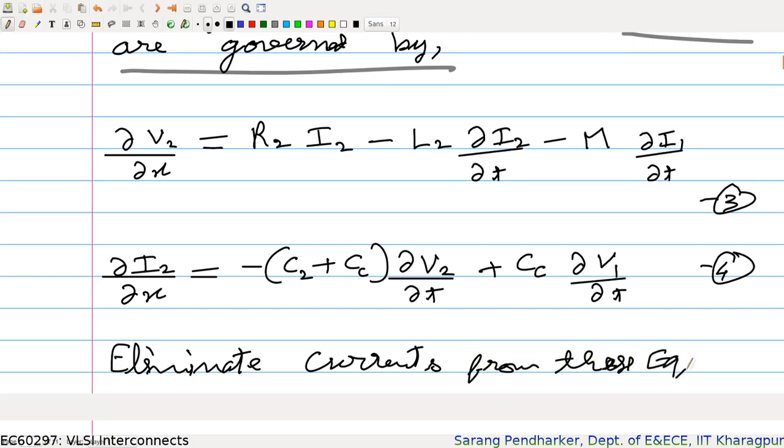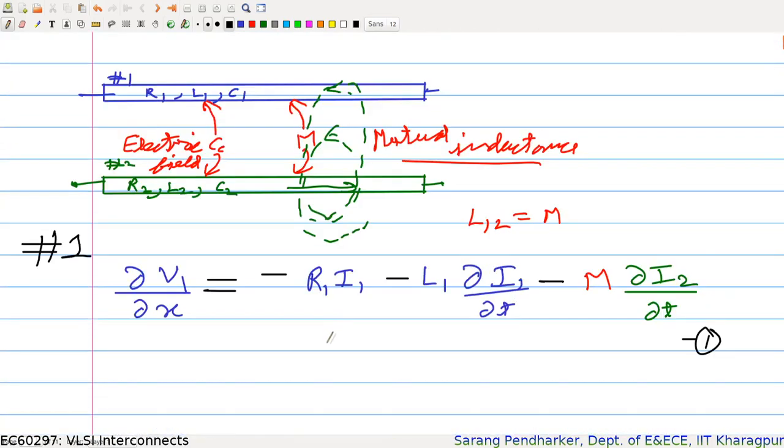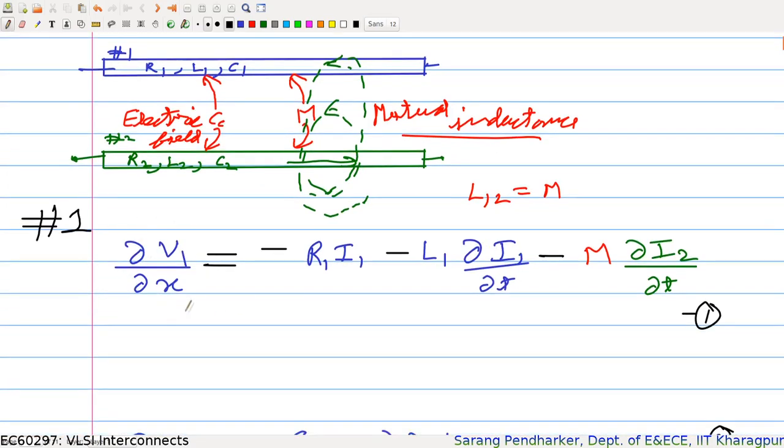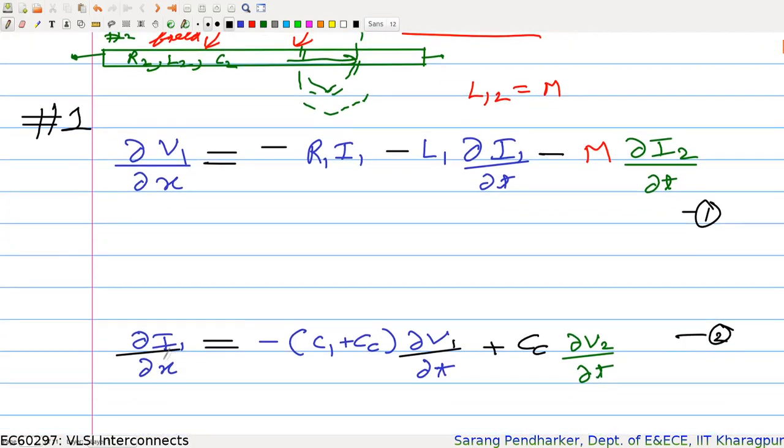So in case of a simple single RLC interconnect, what did we do? We differentiated this equation with respect to x. I got the double derivative of i1 with respect to x and t, and then I differentiated this equation with respect to time, substituted it here, and I got the simple equation.